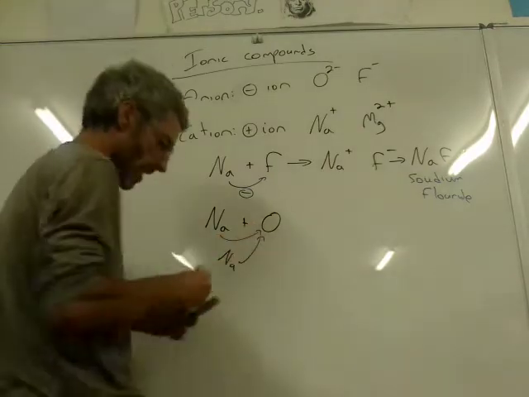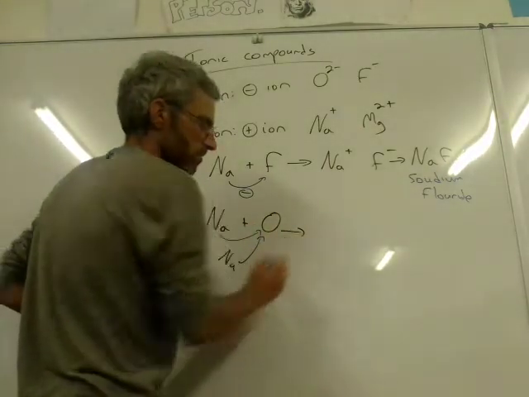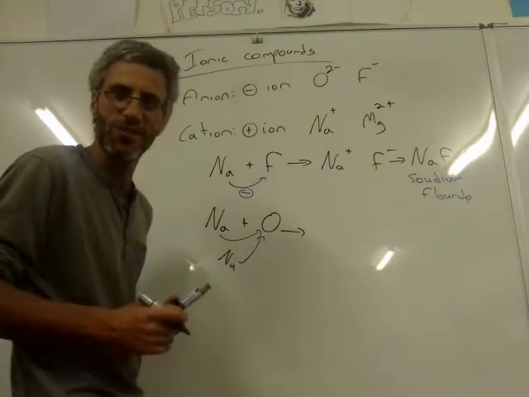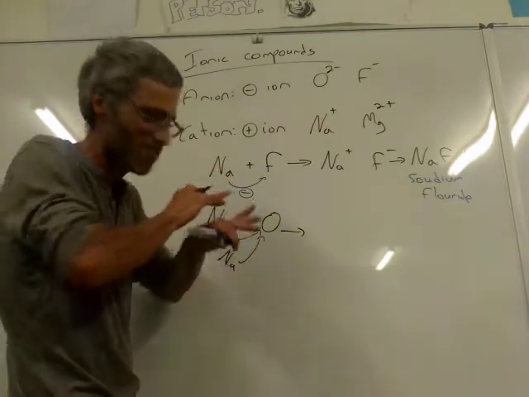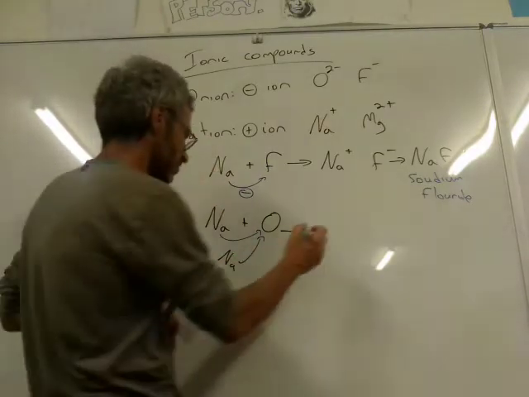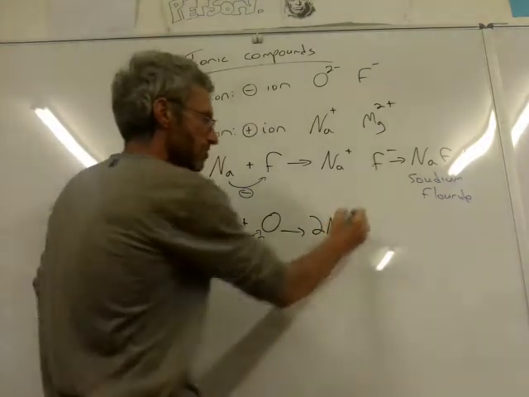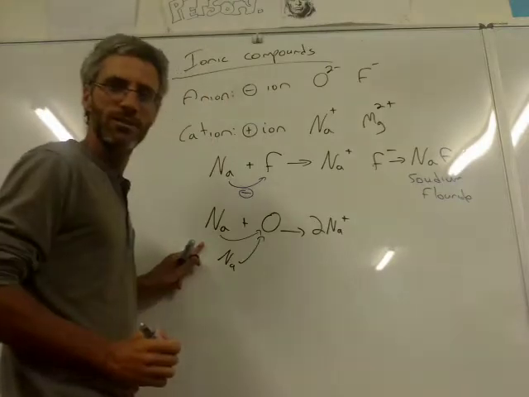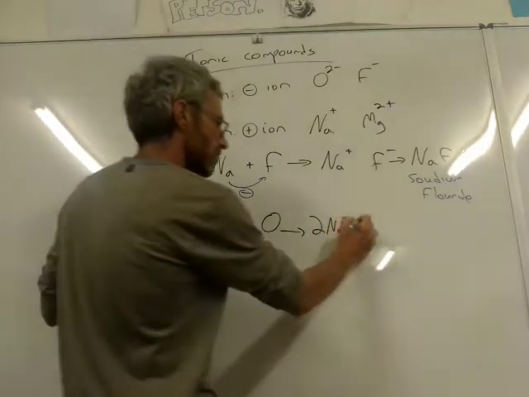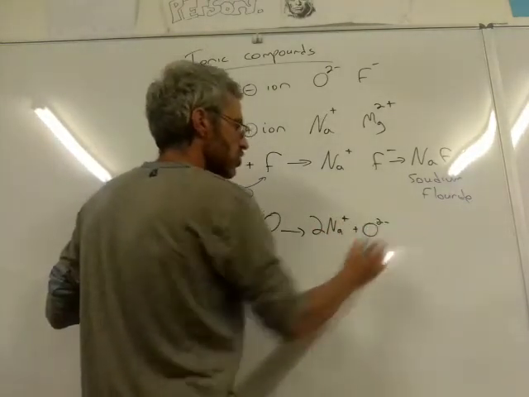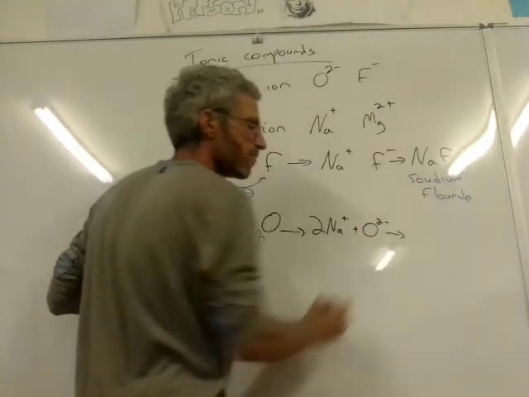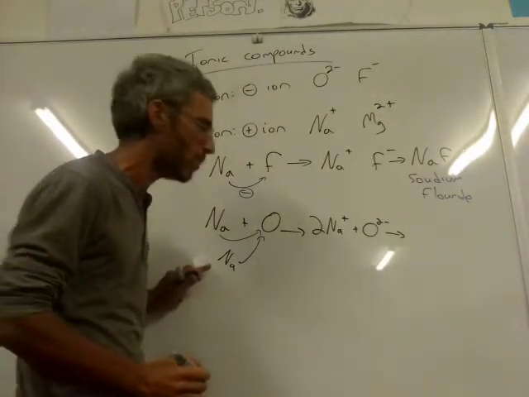So I'm going to write this little transition stage. Again, chemically, you shouldn't really write like that, but it doesn't matter for us now. We're going to have 2 sodium ions, each one has a positive charge, plus 1 oxygen, which is 2 minus, and they will form another compound.